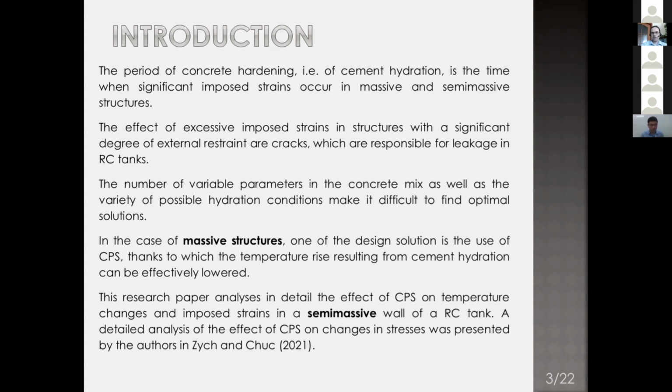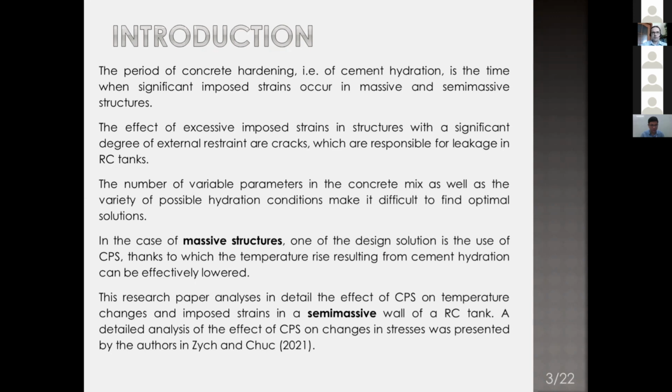Moreover, we have a lot of parameters, a lot of data, and sometimes it's difficult to reduce the crack width or eliminate it. In the case of massive structures, one of the best solutions is the use of a cooling pipe system, thanks to which the temperature rise resulting from cement hydration can be effectively lowered.